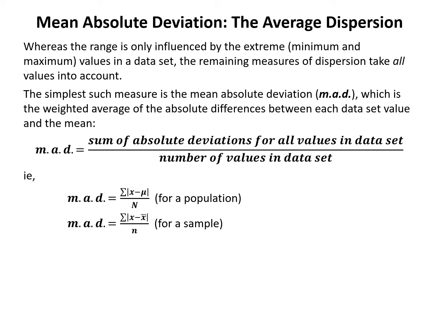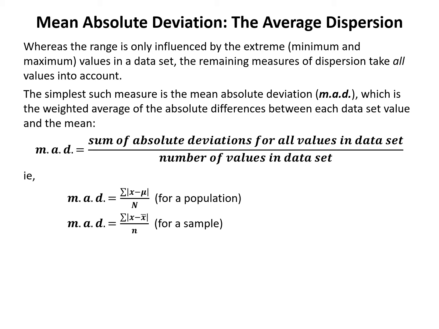And mathematically, that formula becomes, for a population, the MAD equals the sum of the absolute values of each x minus mu divided by big N. And for a sample, the MAD equals the sum of the absolute values of each x minus x bar divided by little n.